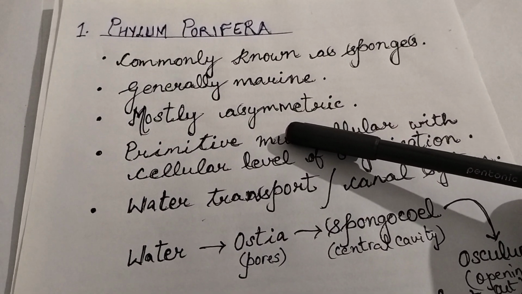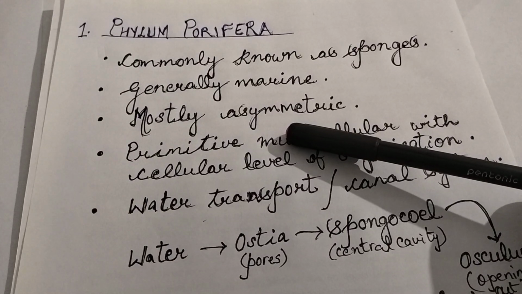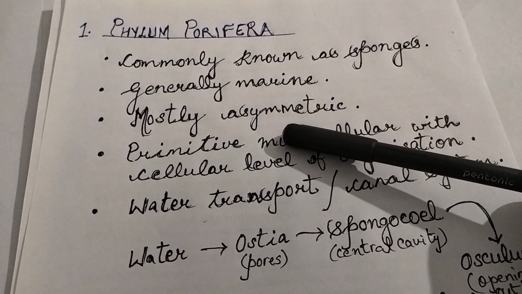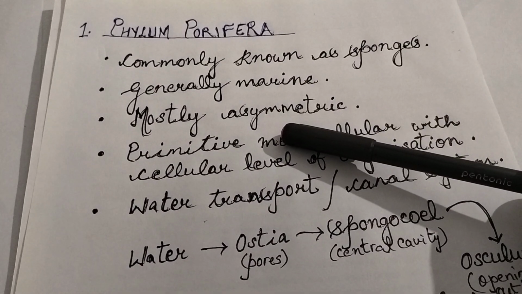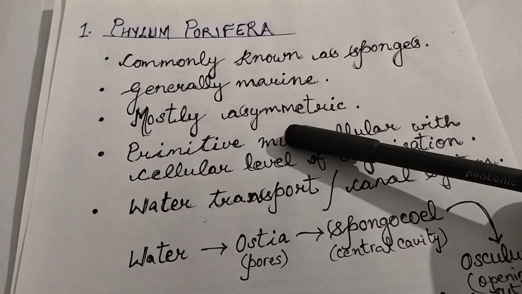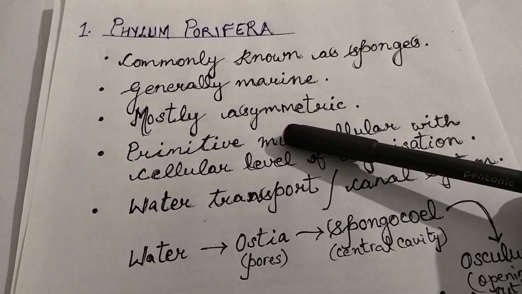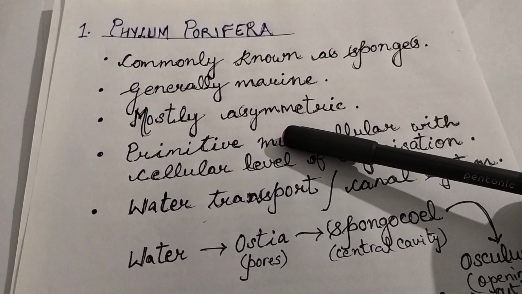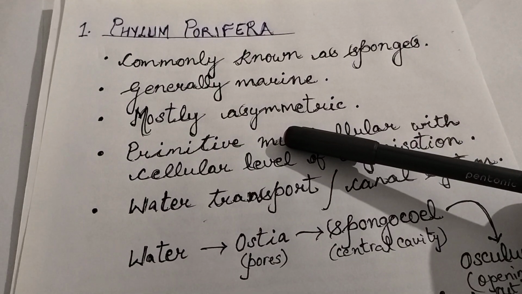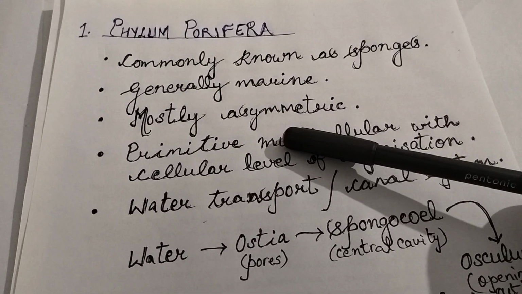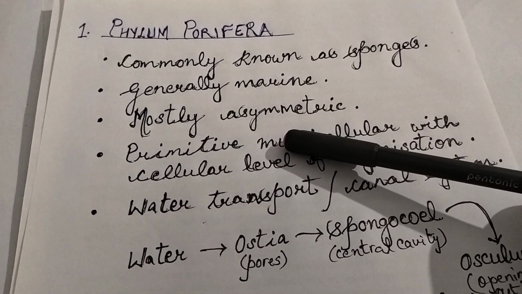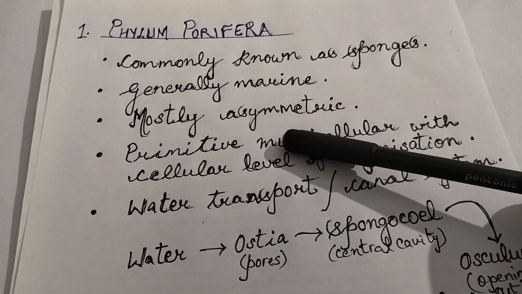Body is asymmetrical. In my last lecture, I told you to learn all the terminologies and their definitions properly and remember them, because here at the start we are explaining the terminologies for your knowledge. But further, as we proceed, we won't define each and every terminology again and again.